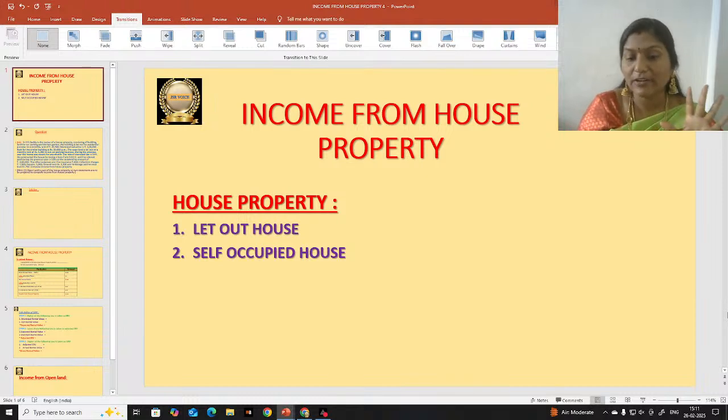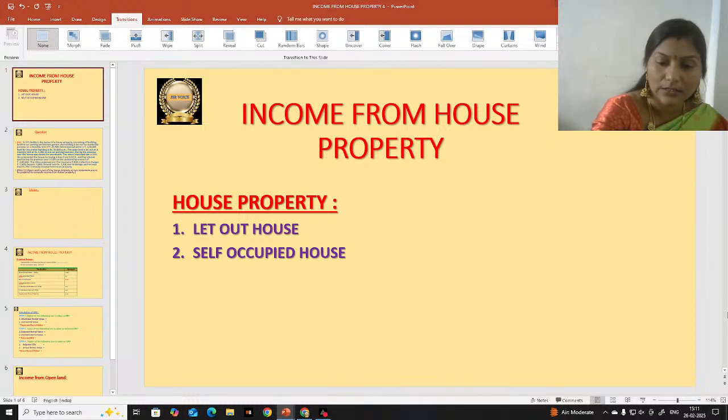So total 5 heads of income are there. One is income from salary, second is income from house property, third is income from business or profession, next is income from capital gains, and the last one is income from other sources.